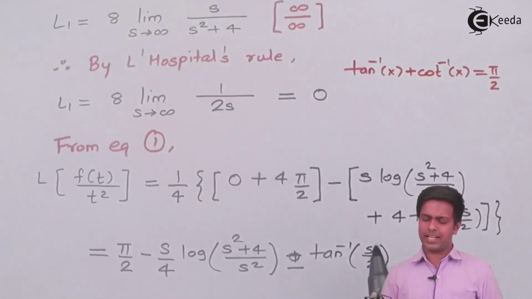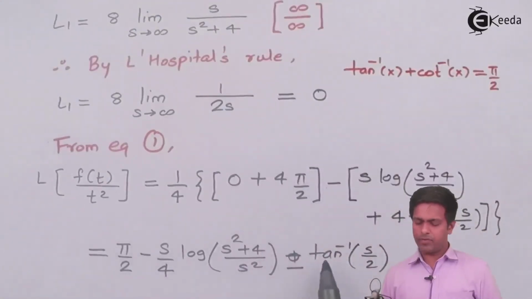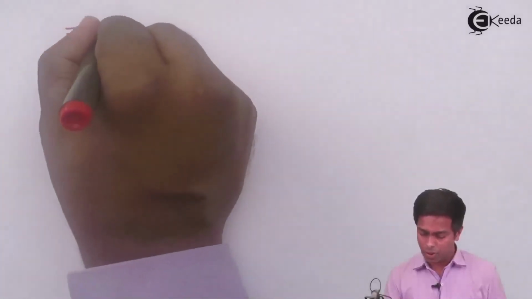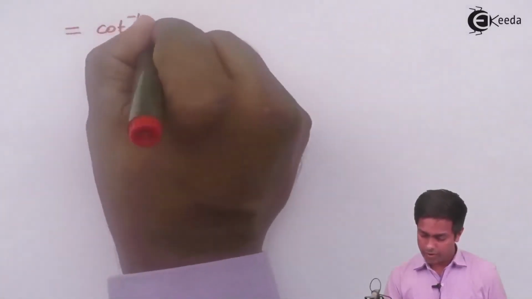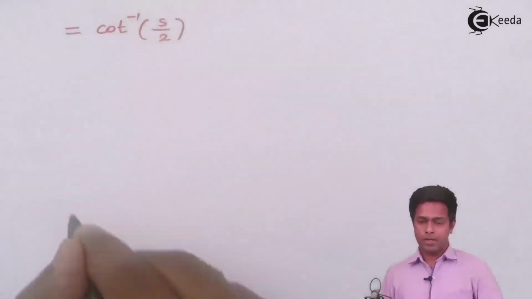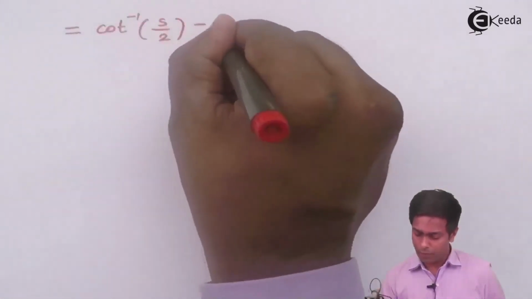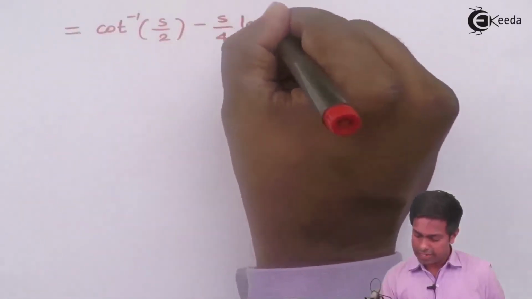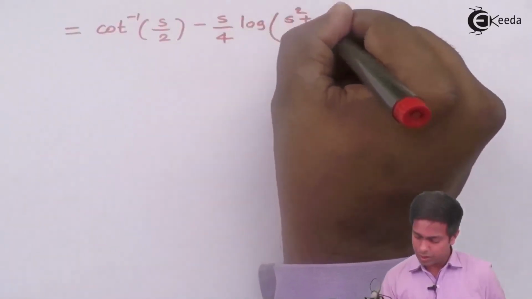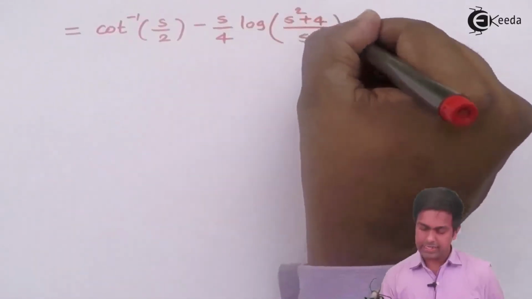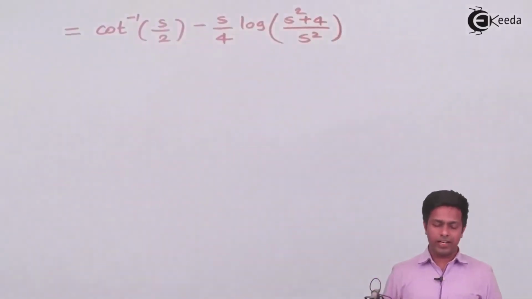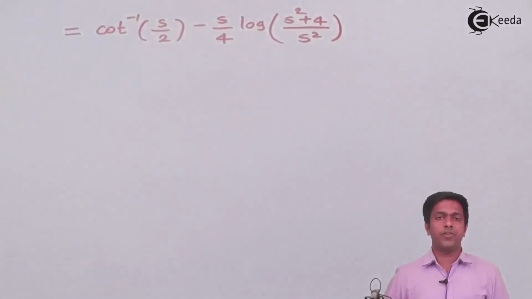So s by 2 is like x, so pi by 2 minus tan inverse x is cot inverse x. So here I'll say that it is equal to cot inverse of s by 2, and then minus s upon 4 log of s square plus 4 upon s square. And guys, this is the final answer of the given function.